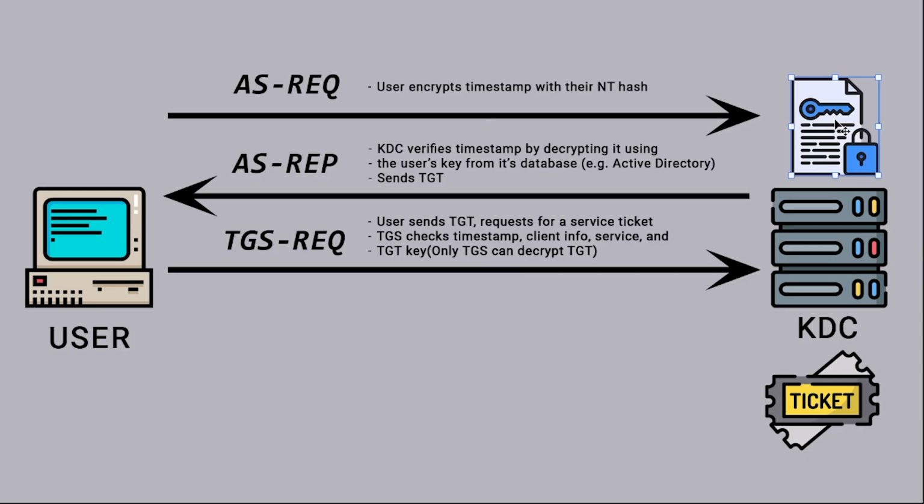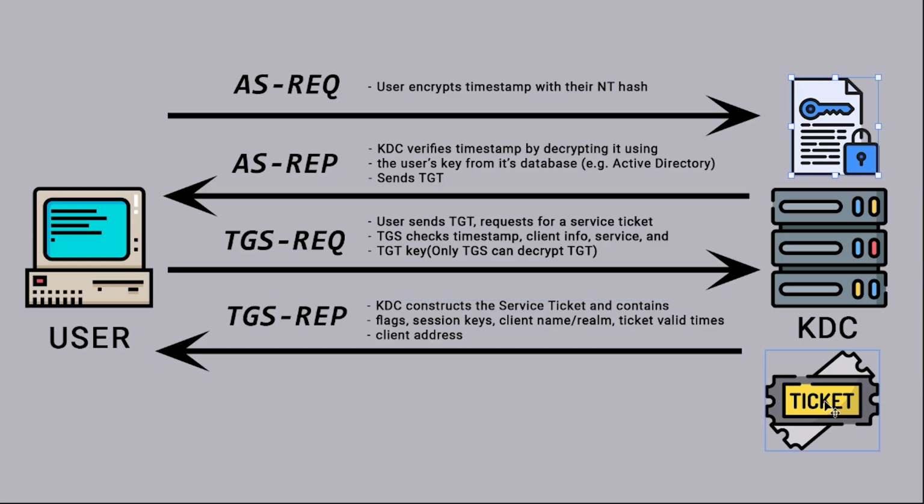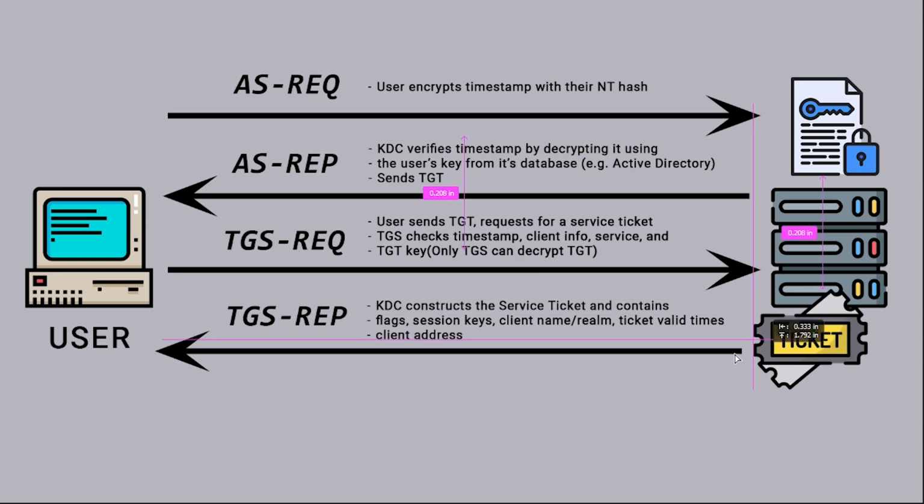It's going to check the timestamp, the client info, and what service she wants to use, and then it'll be like, okay, this all checks out. Then it'll start constructing a service ticket, which contains flags, session keys, the client name, realm, valid ticket times, and client address. It'll construct that and say, okay, here is your service ticket.